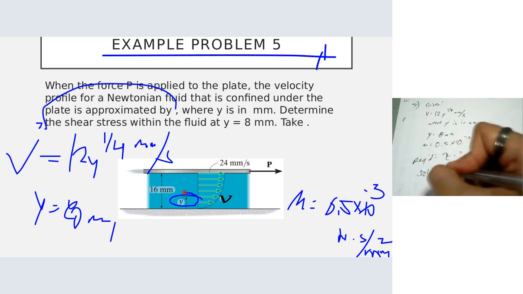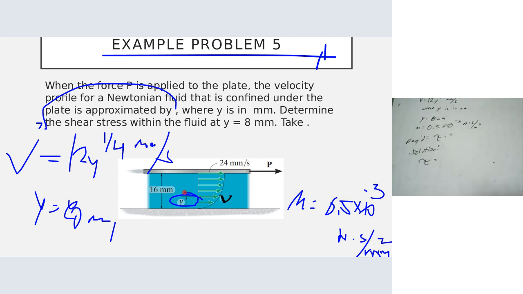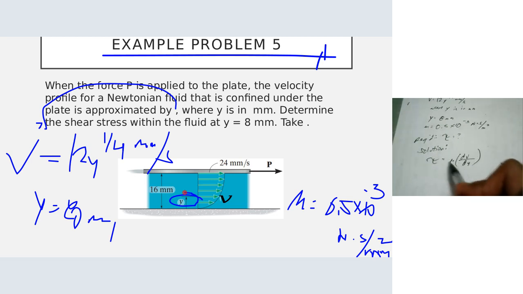Okay. So let's solve. What's the formula for the shear stress? This is viscosity times the derivative of the velocity with respect to y. Okay. So we are given the viscosity.